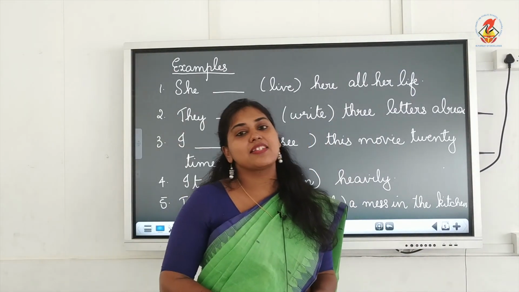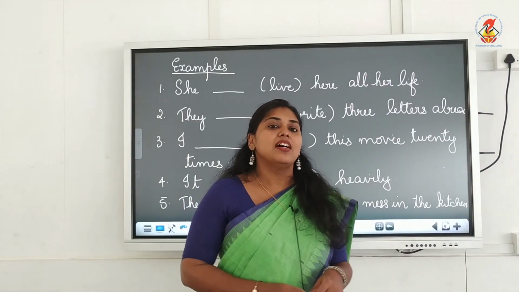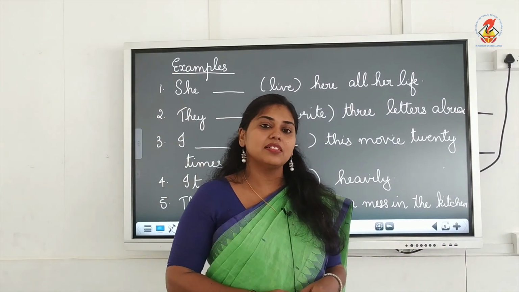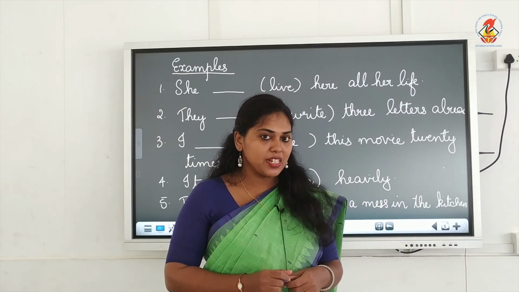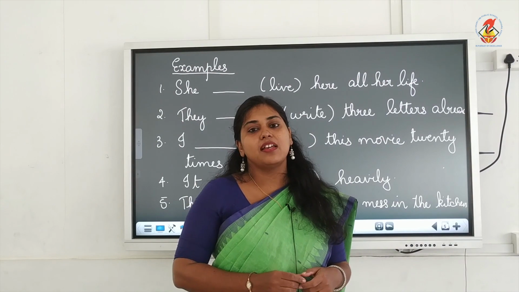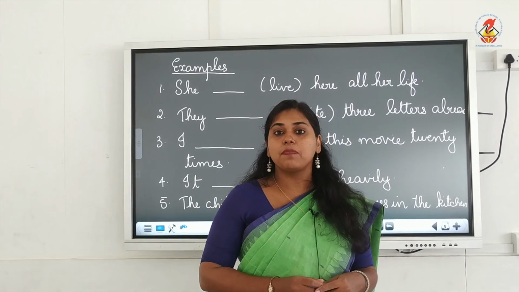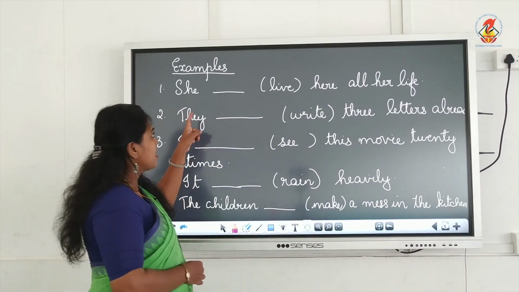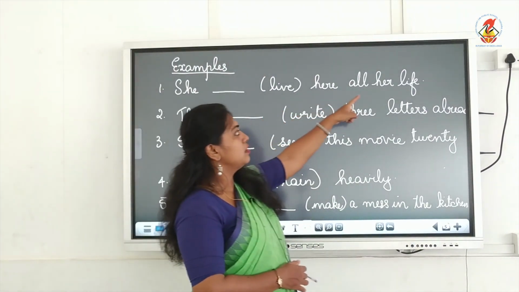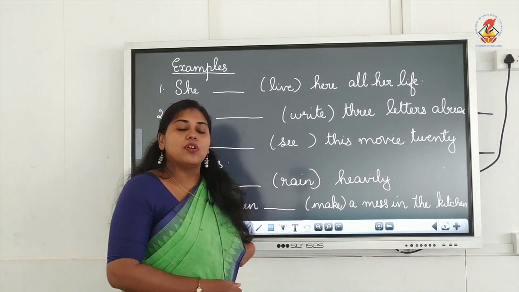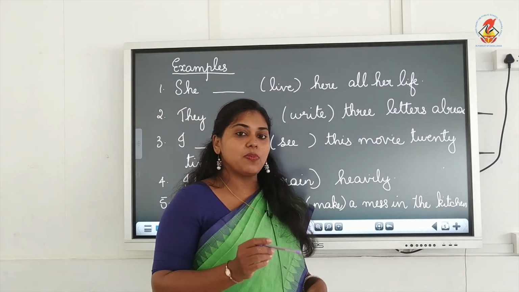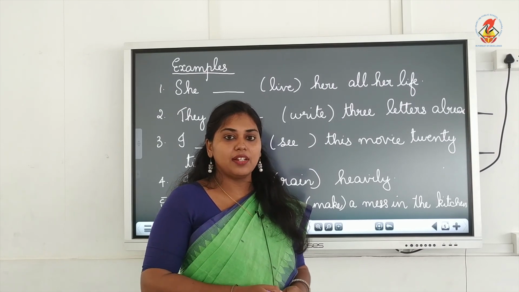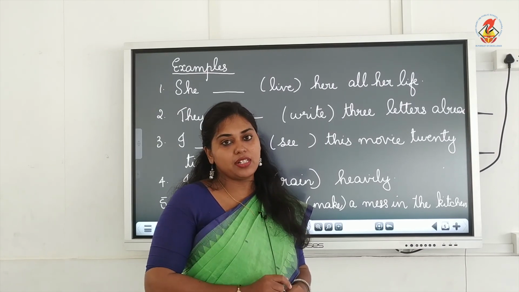Now let's try some examples, children. Before starting the examples, can you please recall the formula of present perfect tense? Yes, has or have plus past participle of the verb. So the first sentence is, she dash lived here all her life. What is the subject here? Always when we write the correct form of tense, the first thing we have to check is the subject.